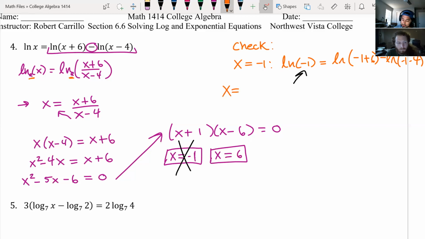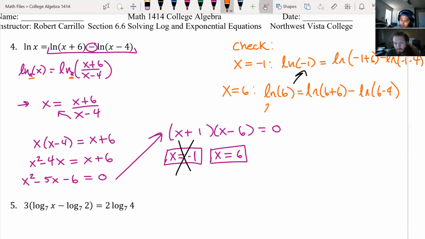Okay. And then check 6. And you'll get the natural log of 6 equals the natural log of 6 plus 6 minus the natural log of 6 minus 4.